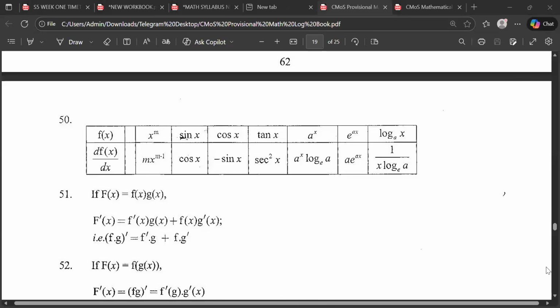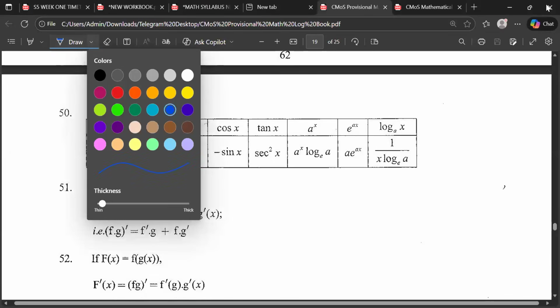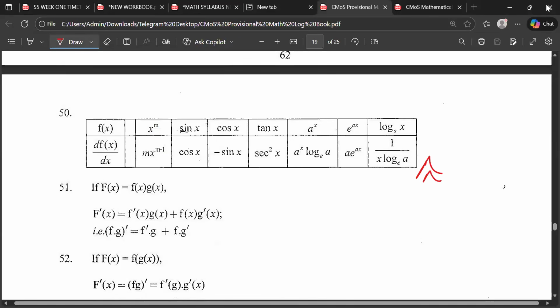I don't know if people have that. It's formula 54. Yes. I hope the table that people have is a table that has a continuation here.